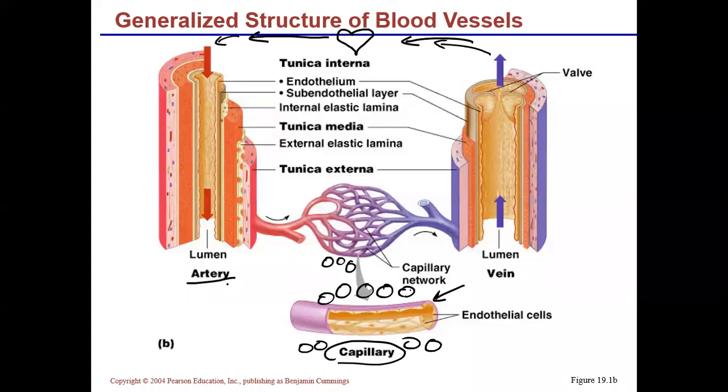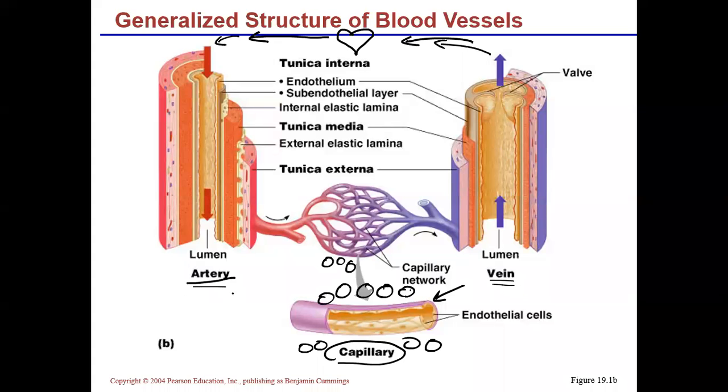But what about the structure? The direction we just discussed. Structurally, they're all different, as you can see in this particular case. Let's take a look at the arteries. Arteries and veins are actually structurally similar to one another, with a little bit of difference. Let's take a look at the three layers.